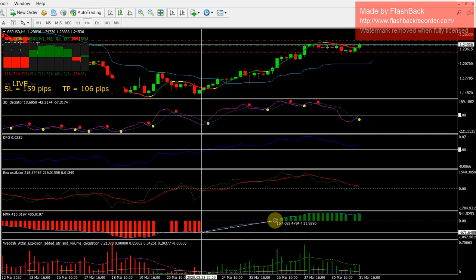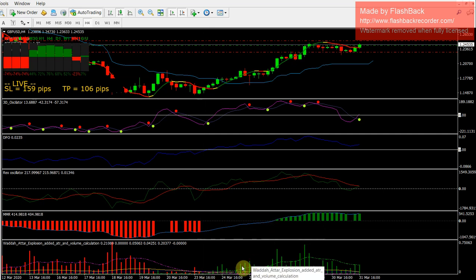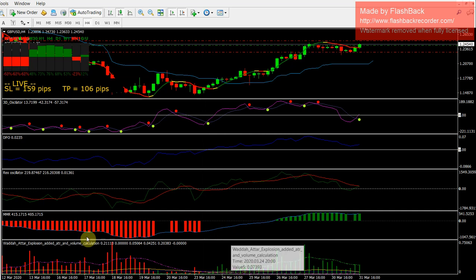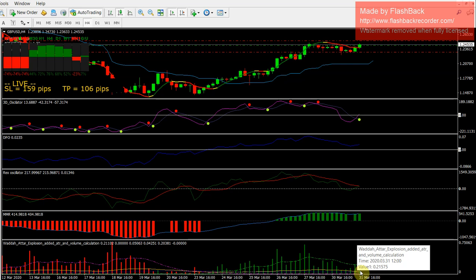So this kind of area from here to there would be a bit dodgy to take a trade, but underneath we have the WAE, the Waddah Attar Explosion, added with ATR and volume calculation, which I use too. If you see the yellow line, that's my dead zone.